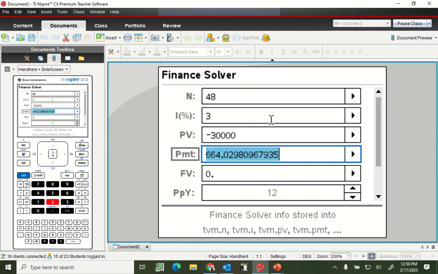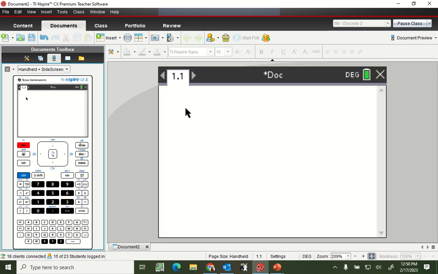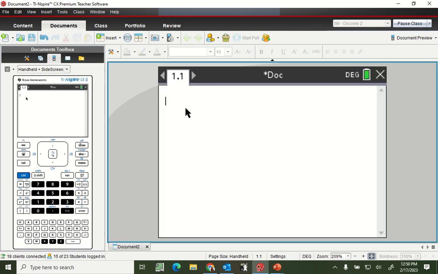So my first payment was 664.03. Okay, so now that's my payment, now let's figure out interest. I'm going to take my 30,000, subtract my 664.03 times N. To figure out my interest, I take how much I borrowed and subtract how much I'm paying, because it's 664 for 48 payments.